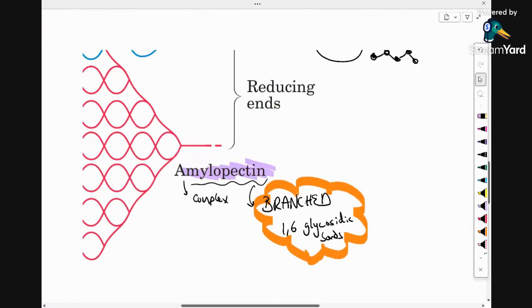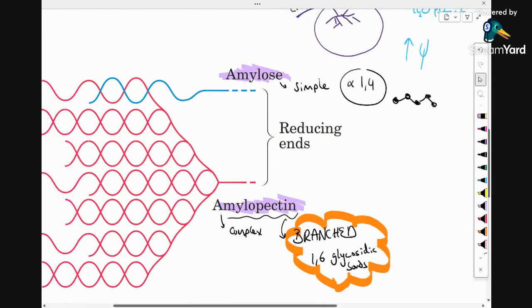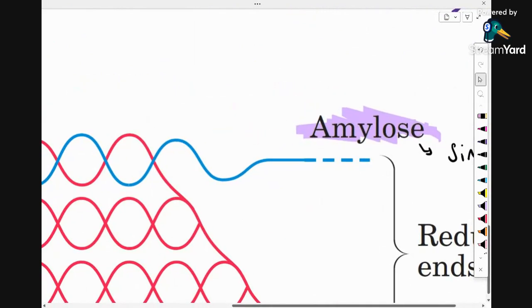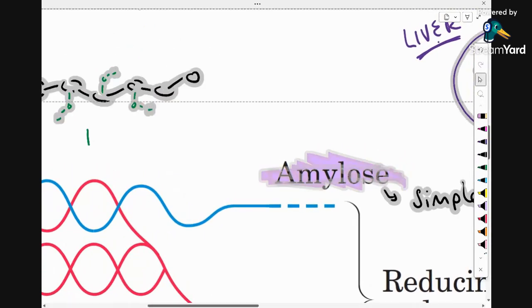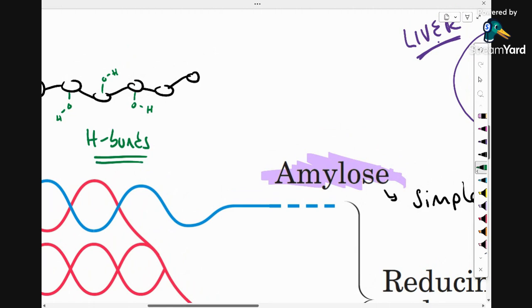So the only point to make is that amylopectin is very branched, while amylose is simply a linear chain. I'm not going to draw hexagons, it's simply a linear chain like this. Because it's linear, and because glucose, don't forget, has lots of OH groups, and this is a rough sketch, not an accurate drawing, these can interact with each other and form hydrogen bonds. Look back at the water lesson if you need a recap on hydrogen bonding.